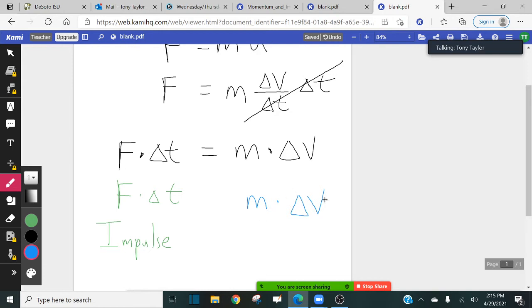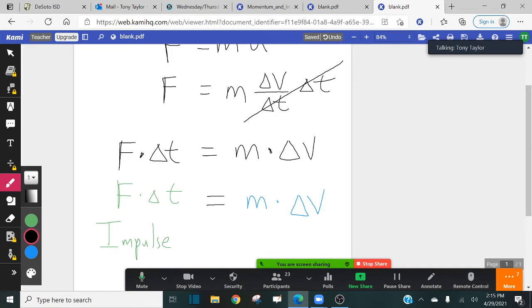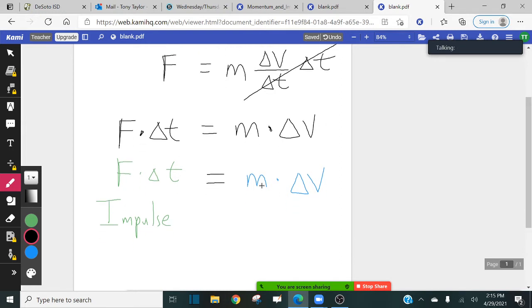What do we call that? Momentum. Thank you, Neely. Yeah, so you guys may know the product of mass and velocity is momentum. So in other words, guys, mass times change in velocity would be equal to change in momentum.